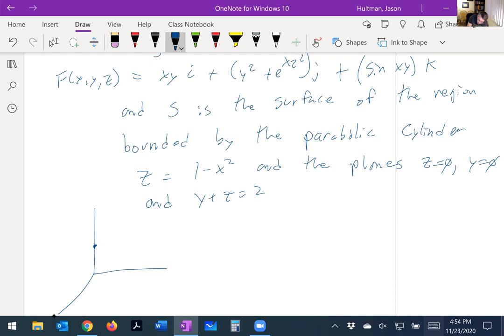When x is 0, z is 1. And then when x is 1, z is 0. It goes down like this. Okay, and then what happens in the y direction? Well, nothing. I mean, you can just keep going on forever.